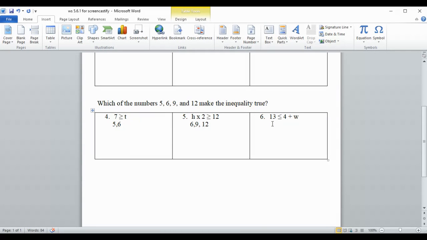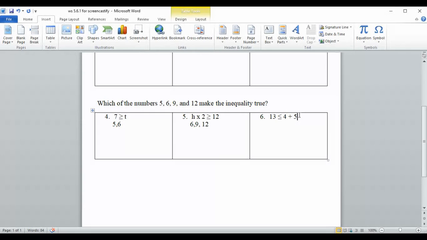Let's try this one. 13 is less than or equal to 4 plus W. All right, so W, we are going to first put in 5. And what is 4 plus 5? It's 9. 13 is less than or equal to 9.